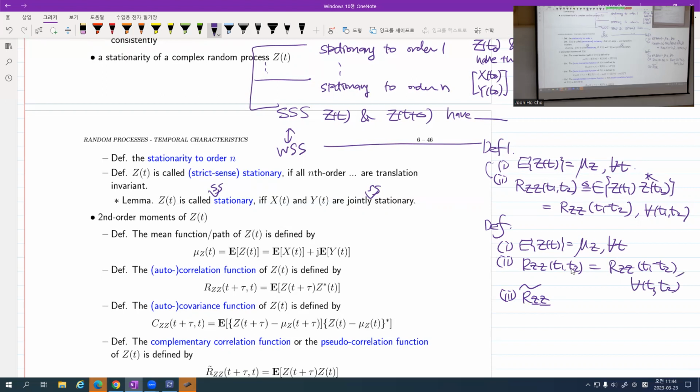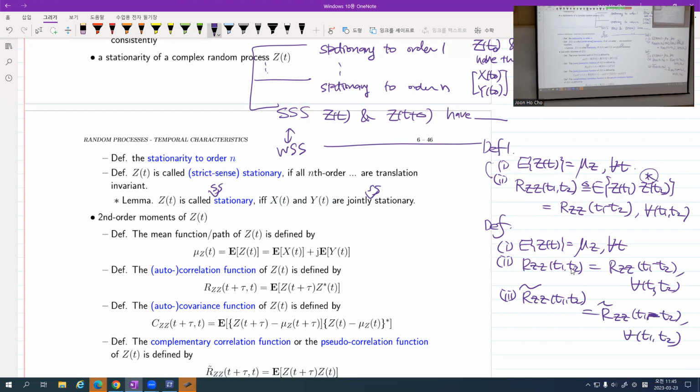So here, this conjugation disappears in this definition. And there is a single variable function, force of habit, that is also named R tilde sub ZZ, and that is a function of time difference.